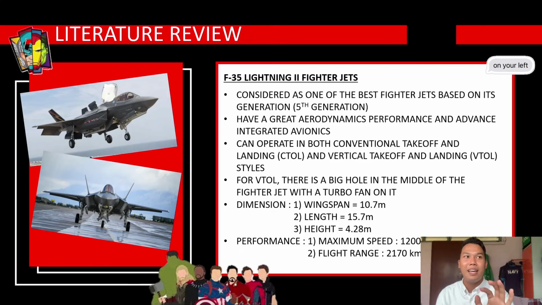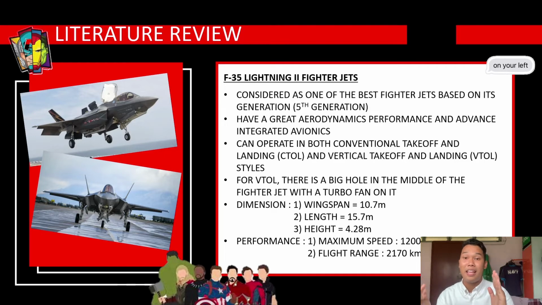And not just that, at the end of the engine of this fighter jet, the exhaust angle can tilt a little bit so that it can push and stabilize the aircraft from behind.